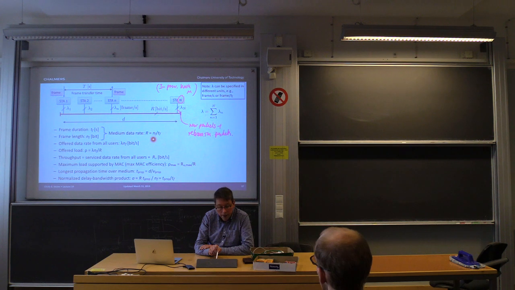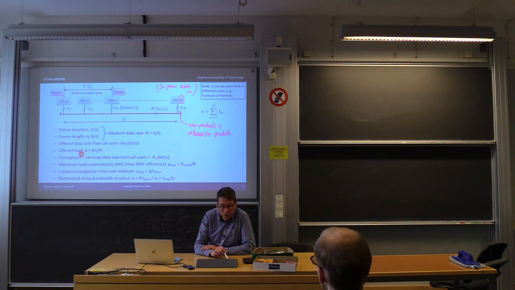The offered data rate is the aggregated data from all the users. So it's lambda, the total number of frames generated per second, times nf, the number of bits per frame. So this is in bits per second.